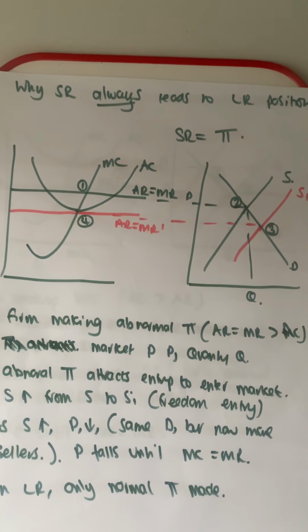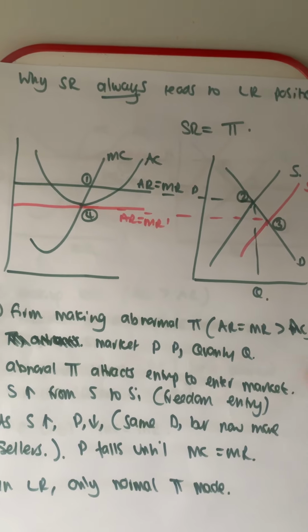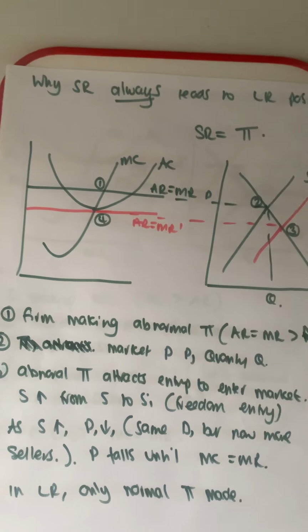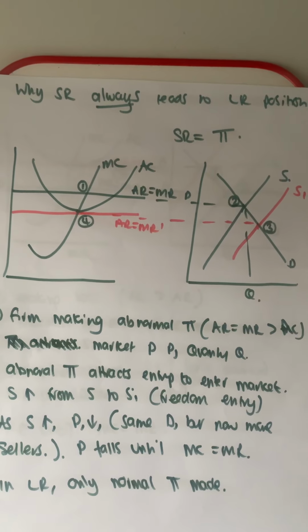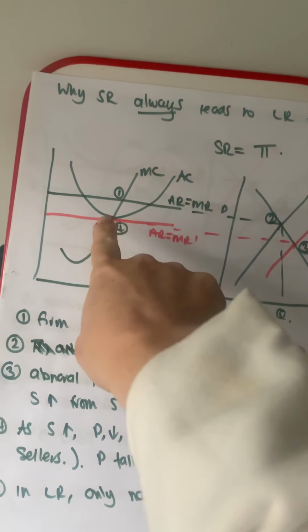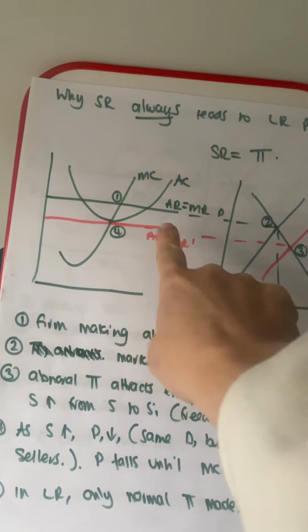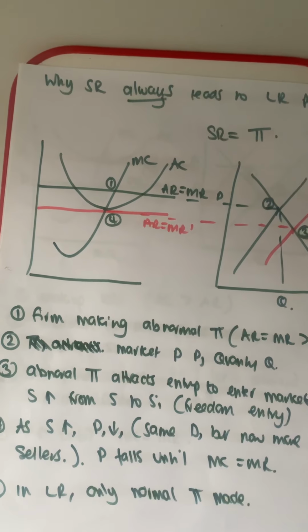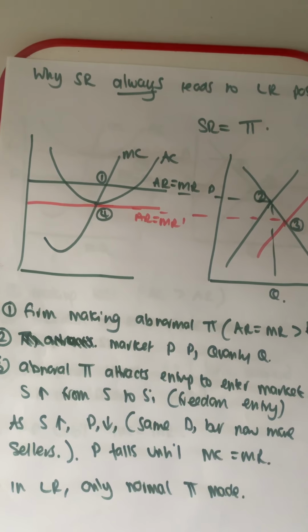As you suck people into the market, prices would start to fall. And they would fall and fall until you're making normal profit. Okay, and at that point, you stop sucking people into the market.